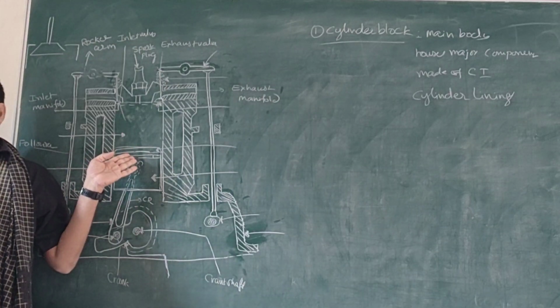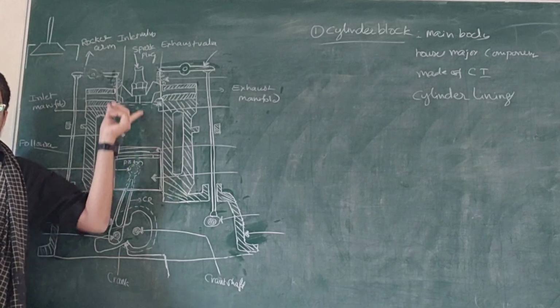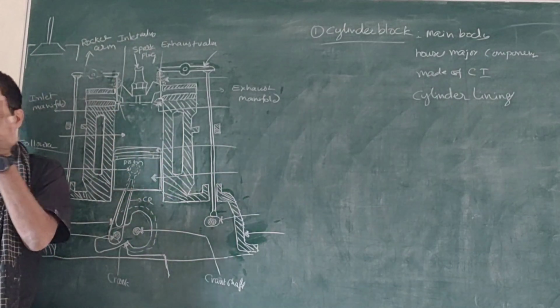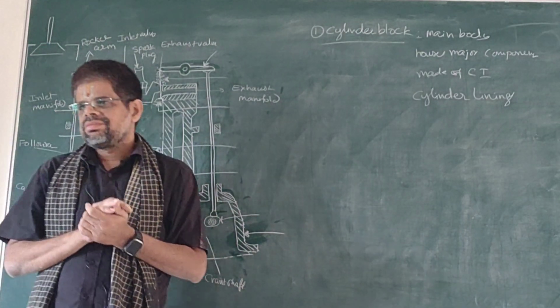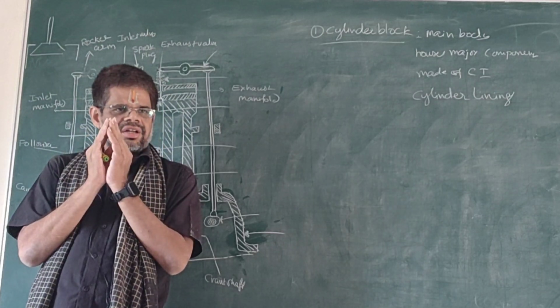If there is no lining, as the piston moves up and down, after some time the surface of the hole may be worn out. Then the size of the hole increases. Is it right or not?